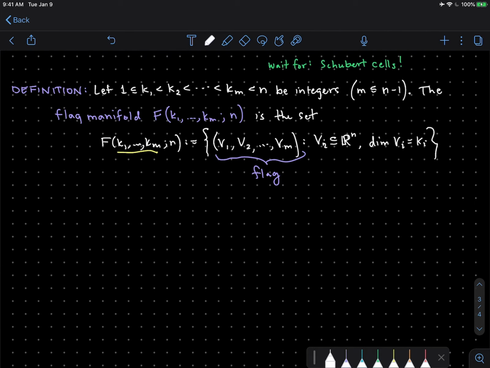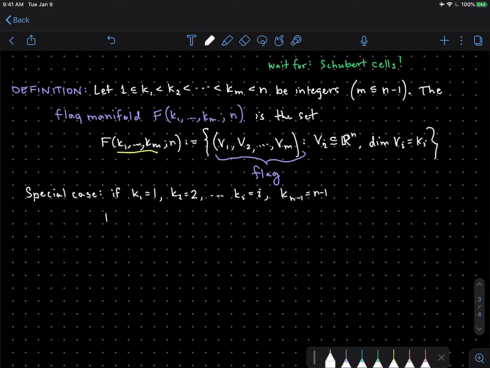So a very important special case is if k1 equals 1 and k2 equals 2, and in general k sub i equals i, all the way up to k sub n minus 1 equals n minus 1.